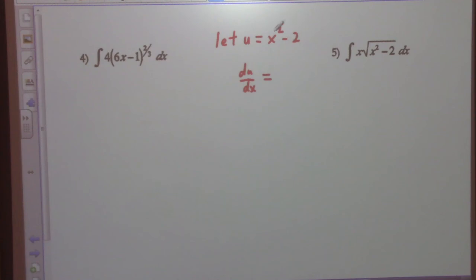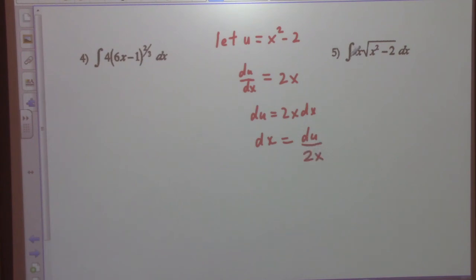What is the derivative of x squared minus 2? 2x. Okay, all right. And so what is dx going to be? You cross multiply, so du equals 2x dx. So what is dx equal to? du divided by 2x.